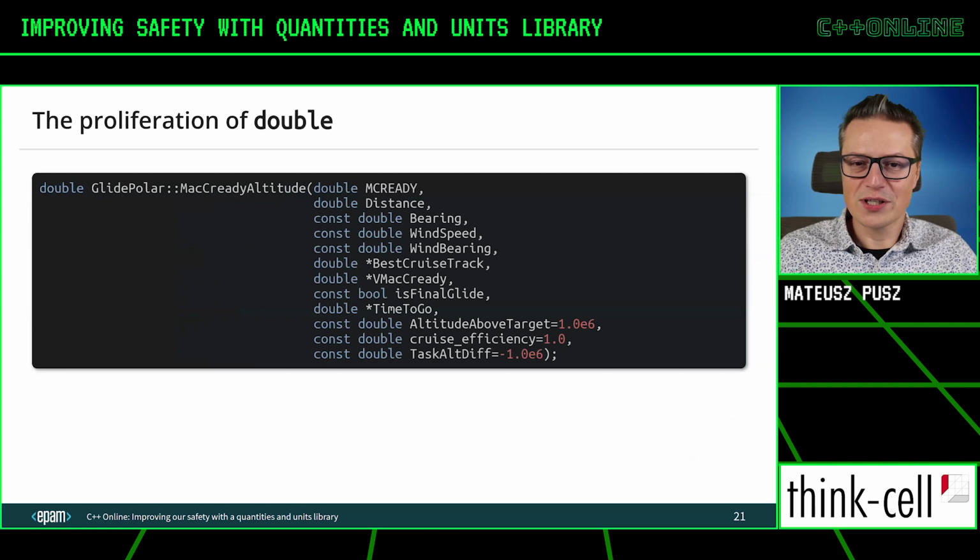This is one of the projects that I encountered during my career. And as you can see, this project is far from being used in a safe way, right? There's a proliferation of double types, plenty of arguments to the functions are written using this type, and it's really easy to reorder arguments, for example, right?